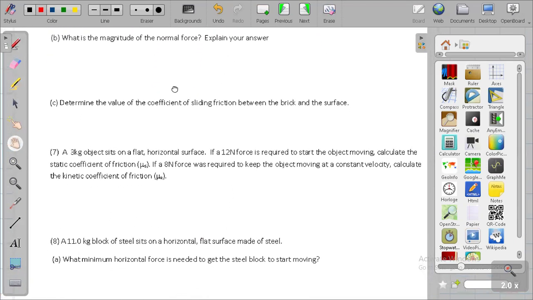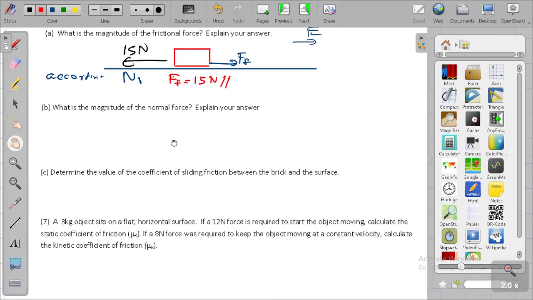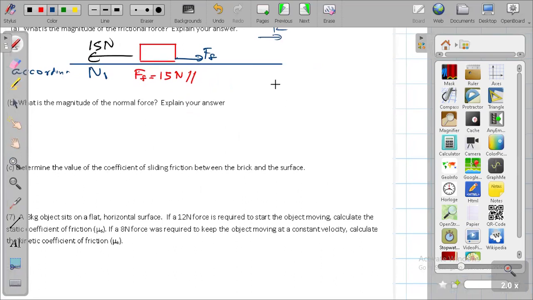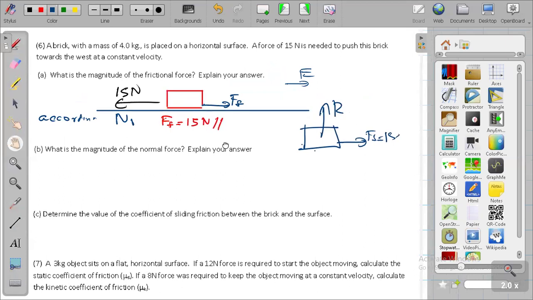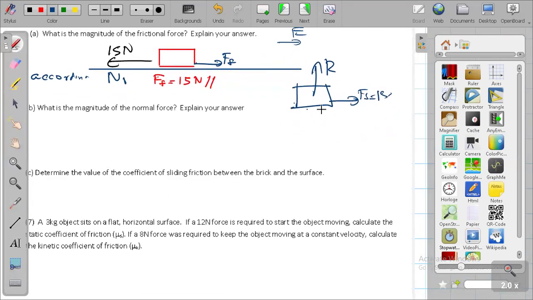Then, what is the magnitude of normal force? Explain your answer. If you draw the frictional force as 15 Newton, you know that R is there. A brick with mass 4 kilogram. Here, R and mg.